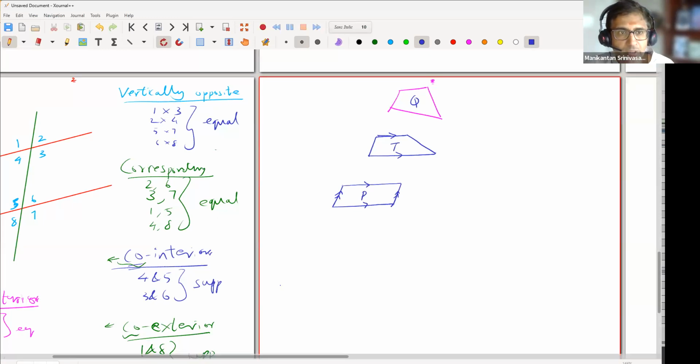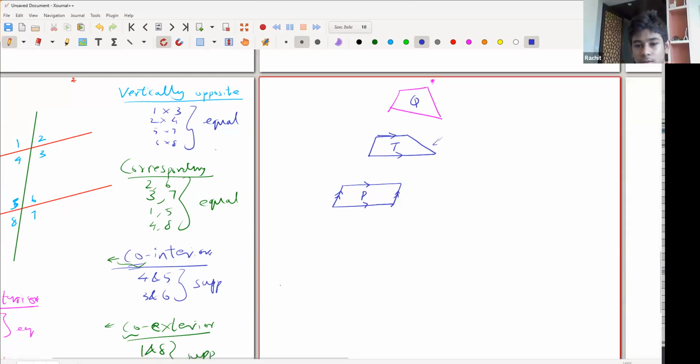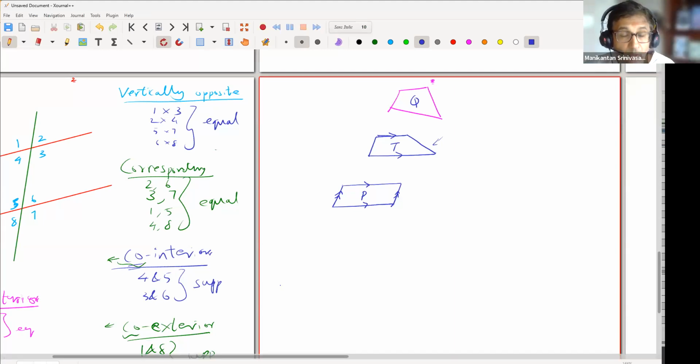What is an isosceles trapezium? Rachit, what's an isosceles trapezium? Where only one pair of sides are parallel. So the trapezium that I've drawn here, then it's an isosceles trapezium. No, where the non-parallel sides are equal. Then in the parallelogram also, the non-parallel sides are equal. What do you mean non-parallel sides? It just so happens that both pairs are parallel.